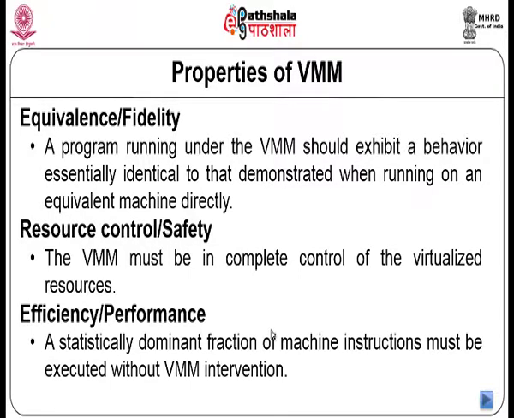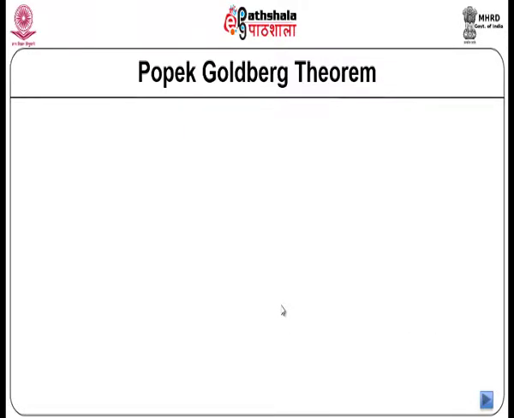The third property, efficiency or performance, says that a statistically dominant fraction of the machine instructions must be executed without VMM intervention. So, the application instructions should directly be able to run in user mode, the machine should continue allowing the applications to run the same instructions. So, what is the Popek-Goldberg theorem?